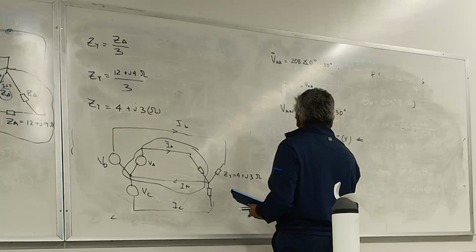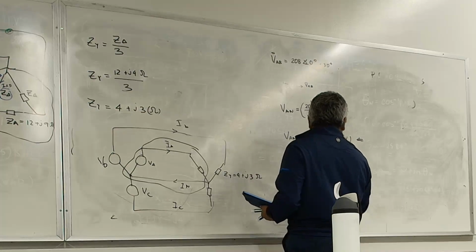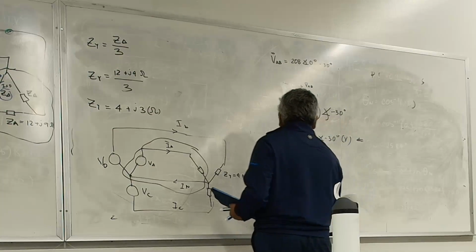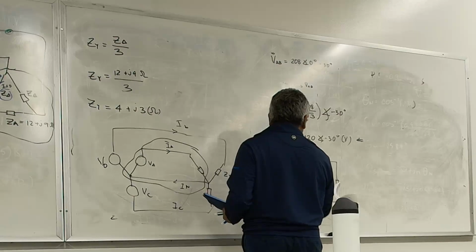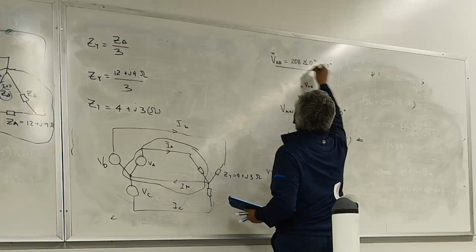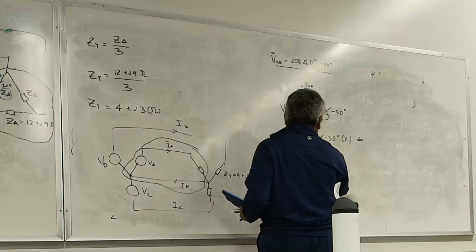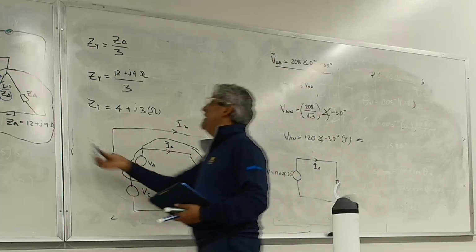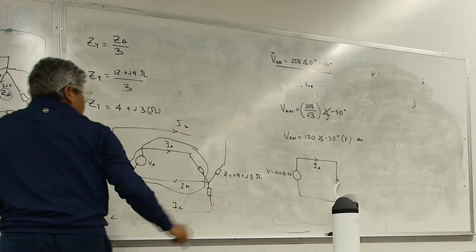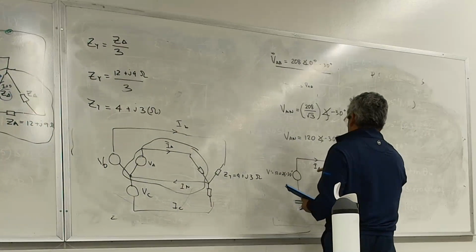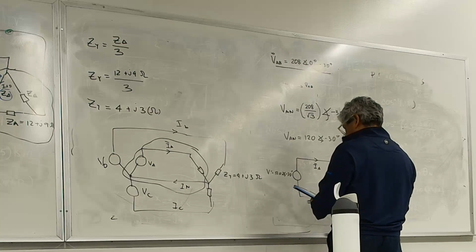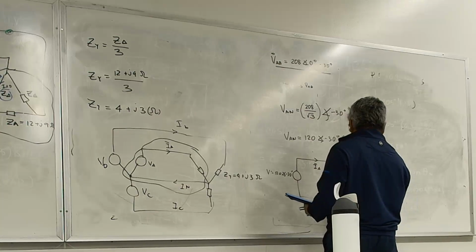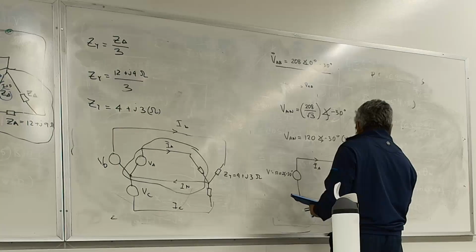Now I have this circuit. I know the voltage and I know the impedance. The voltage here is 120 angle minus 30 degrees, assuming again that I use this as my reference. The line current IA flowing through this wire is that voltage divided by the impedance, which happens to be 4 plus J3 ohms.